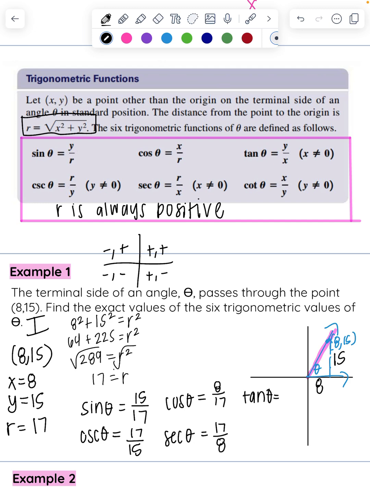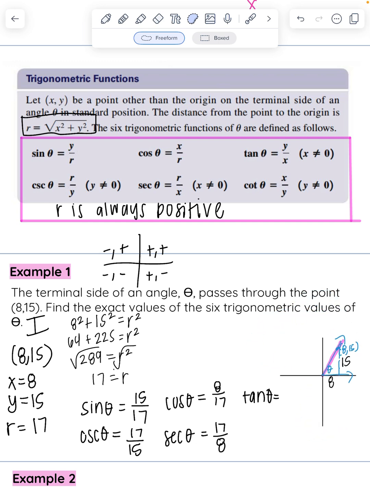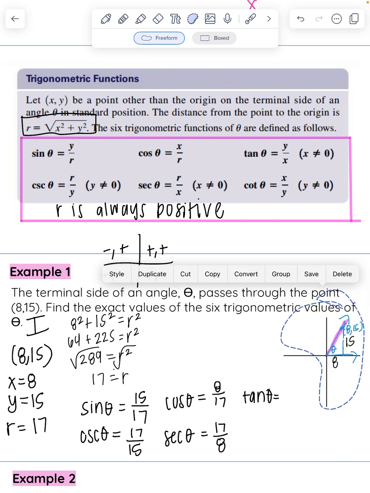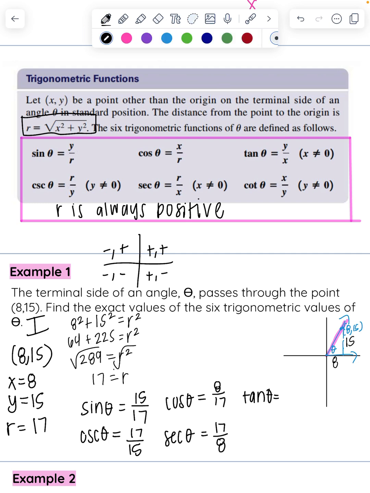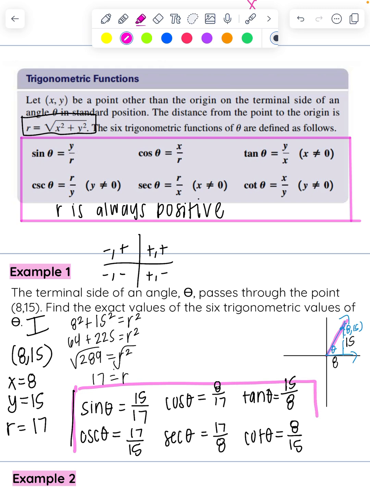Tangent is y over x, and our y was 15, x was 8. Cotangent, its reciprocal, would be 8 over 15. All right, and that is example 1.